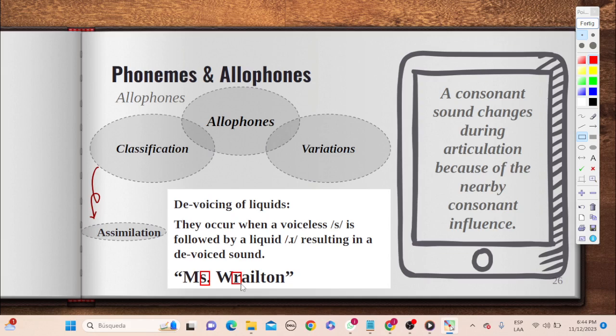And that's why we said Miss Raylon. Why? Because in that case, the boundary consonant, which is S, also affects the liquid R.